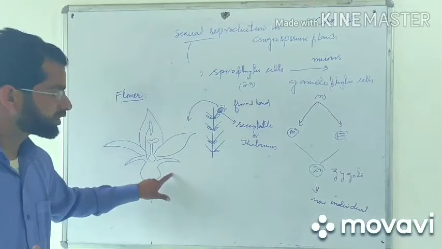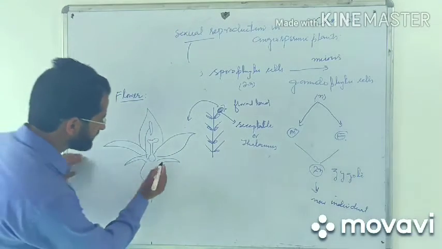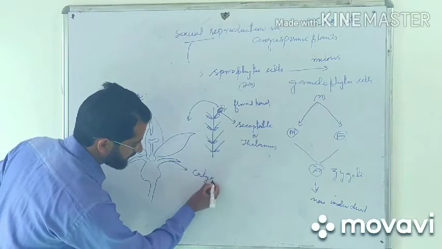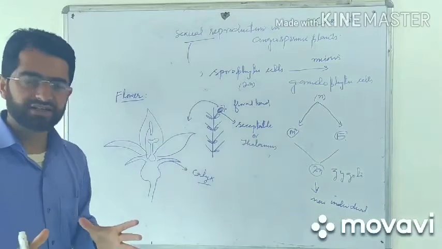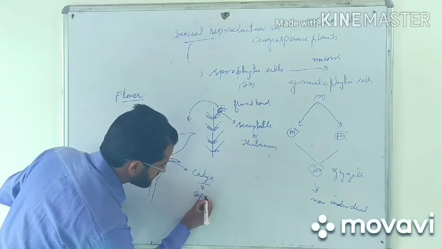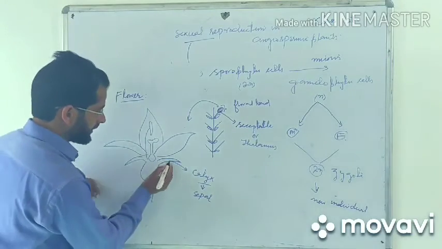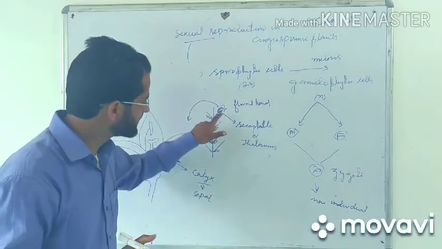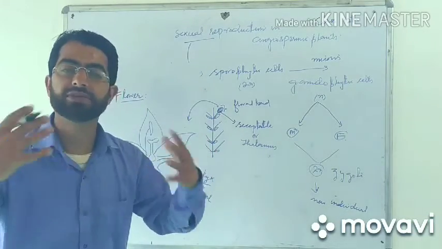This flower is normally of 4 parts. The outer part is known as calyx, usually green in color, and the individual unit of this calyx is known as sepal. This calyx protects the floral bud at its early stages from any physical damage.